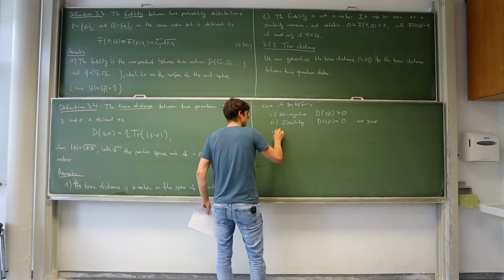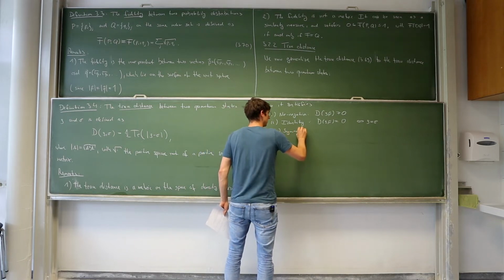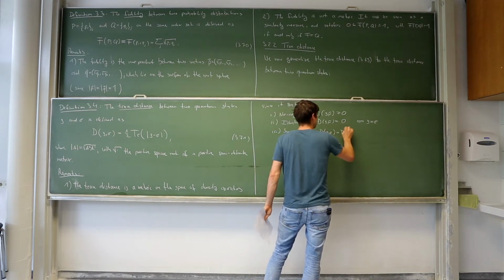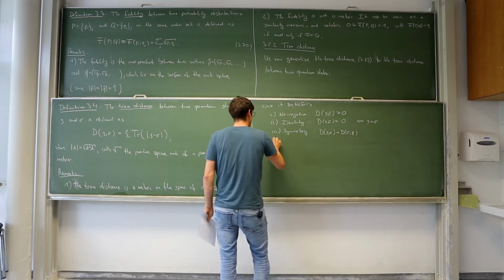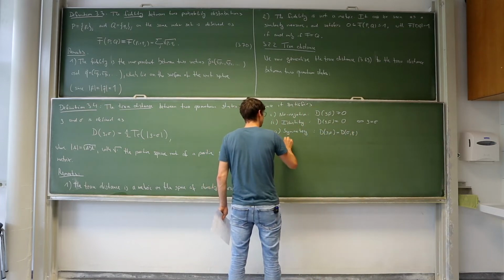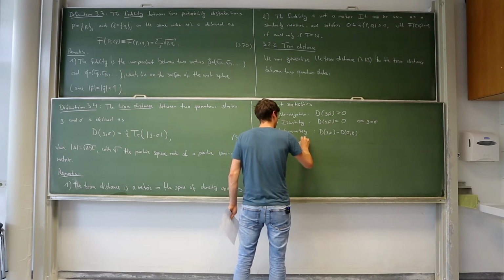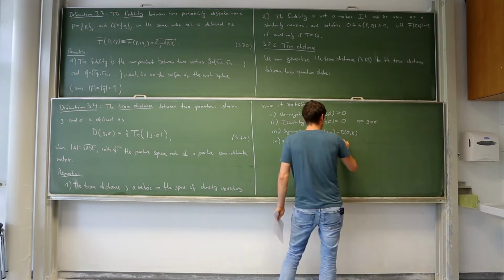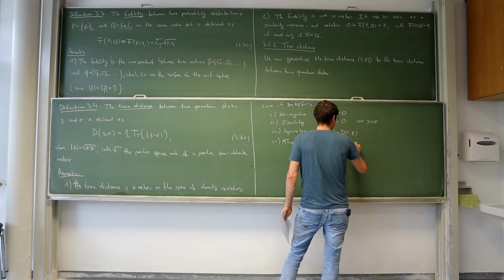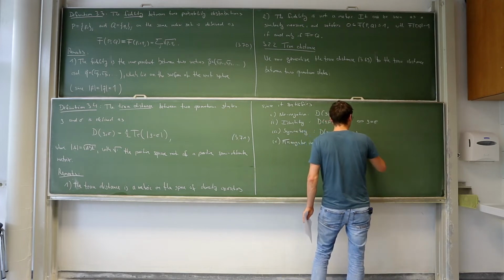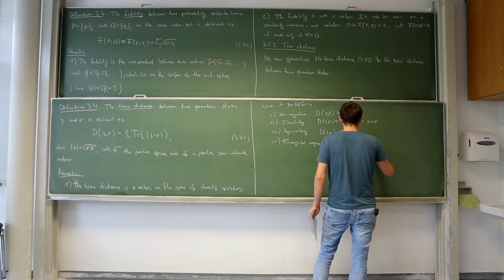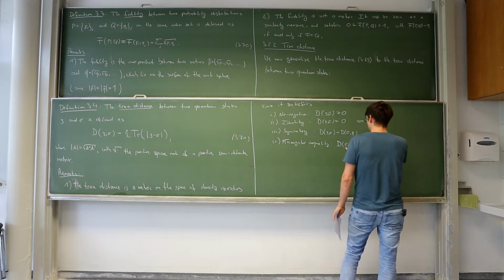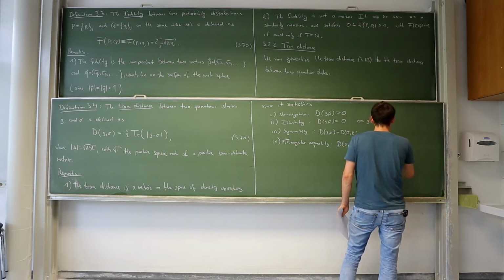And the third one is the symmetry, namely that d of rho sigma is equal to d of sigma rho, and the fourth property is the triangular inequality, that d of rho kappa is smaller or equal to d of rho sigma plus d of sigma kappa.